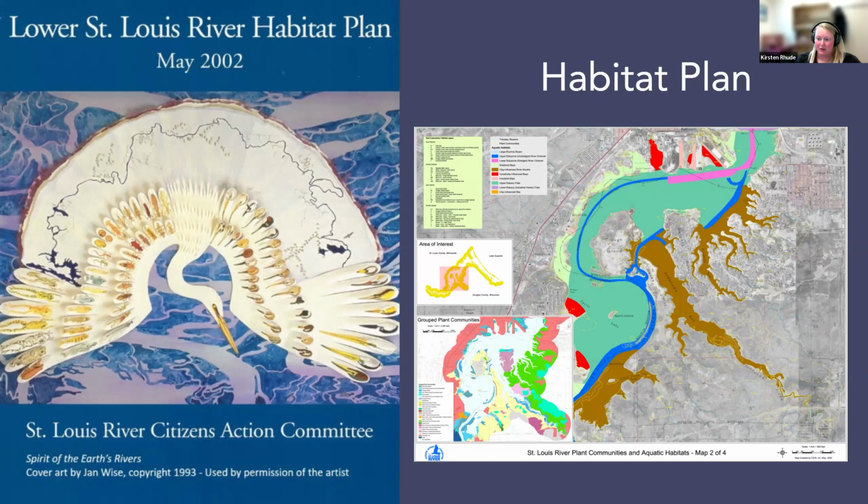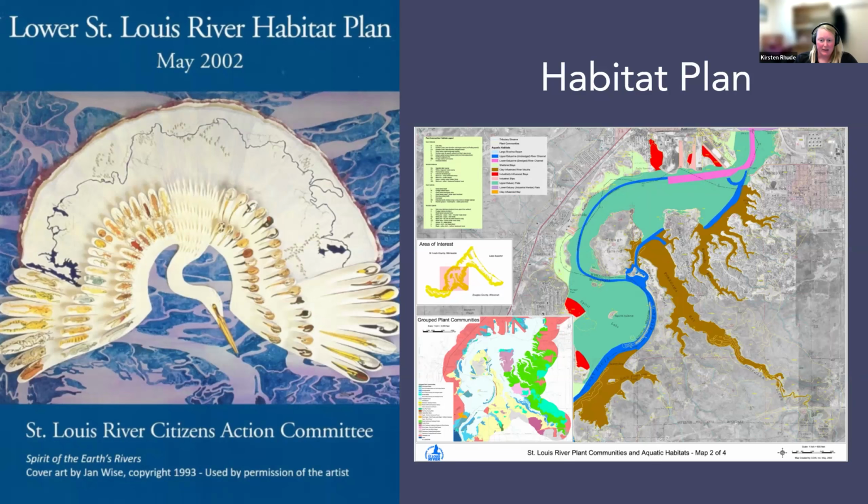So it's a really robust collaborative team. They had been working on updating a habitat plan from 2002. This habitat plan was part of the area of concern process and was kind of a vision for restoration and conservation needs in the estuary that was last done in 2002 and it is currently being updated.